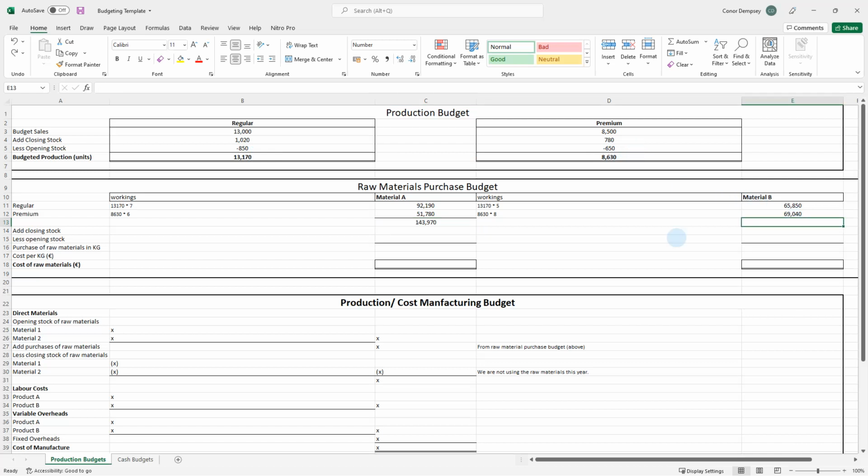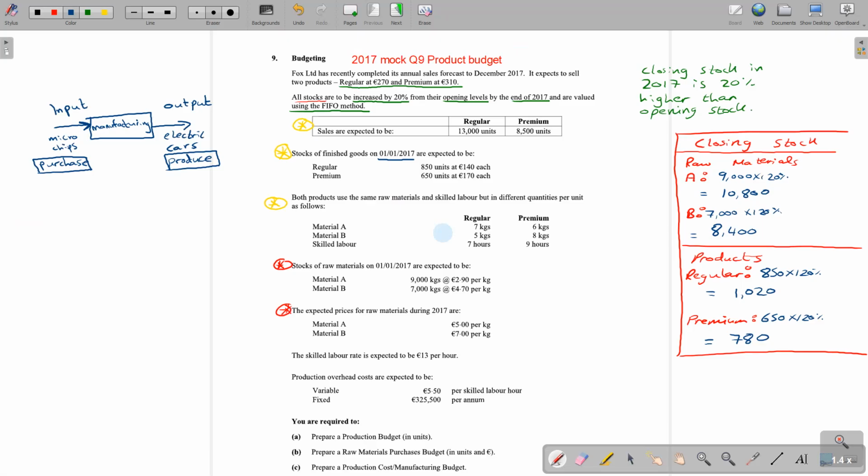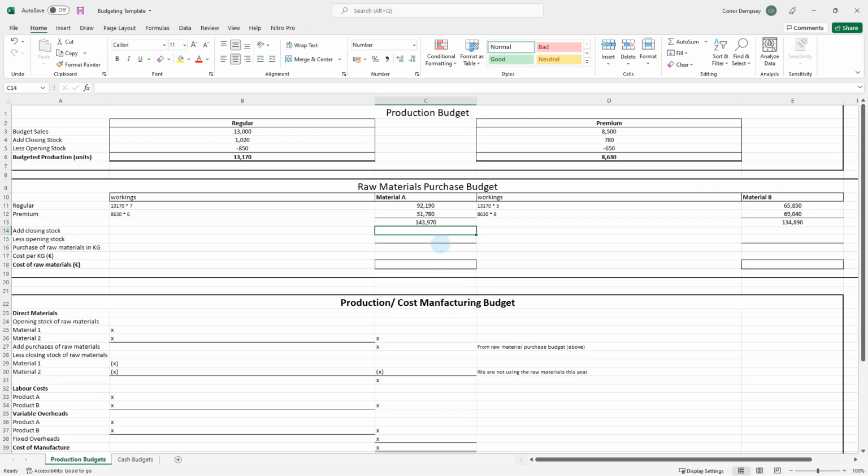So here we have 134,890. Now add closing stock like we did when we were doing the production budget. Opening stock, so the red stars, 9,000 of material A is opening stock.